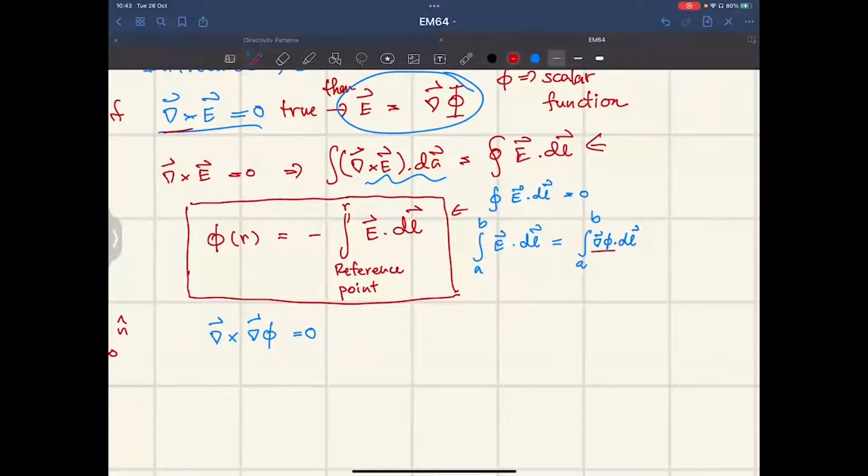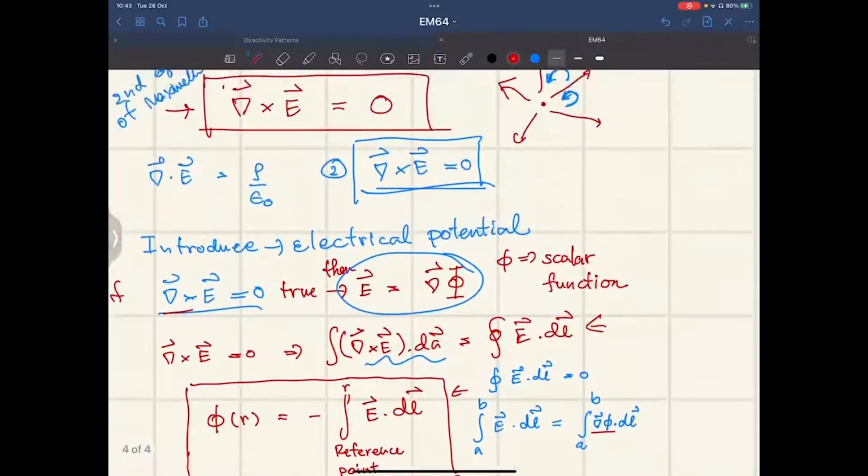Let me write down here. I'm not going to worry about the limit of integration. Let's do something really simple. dl is what?